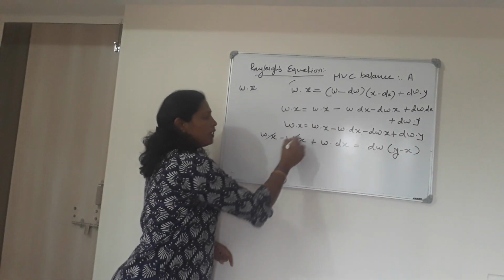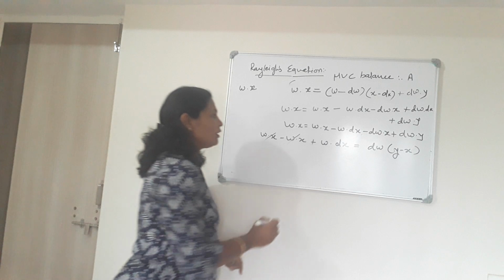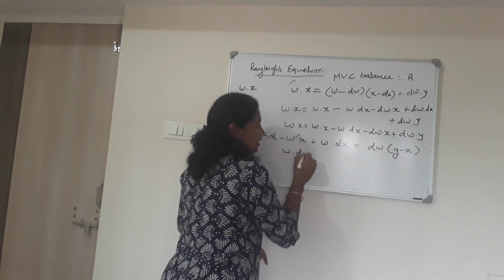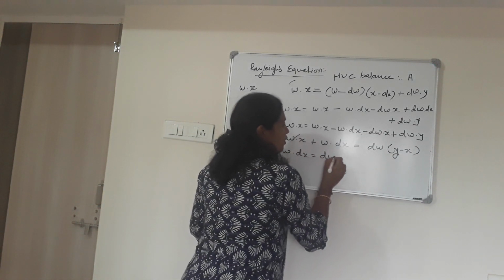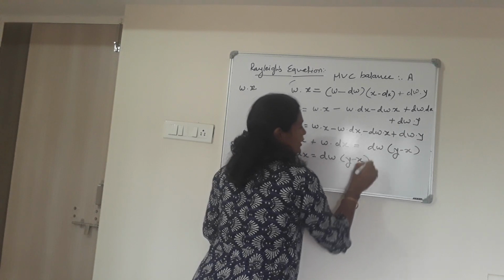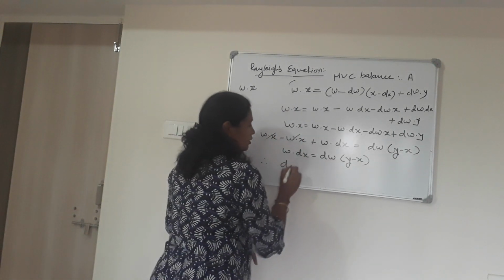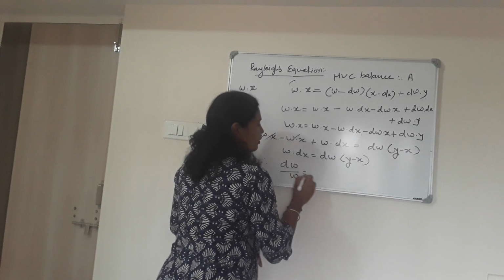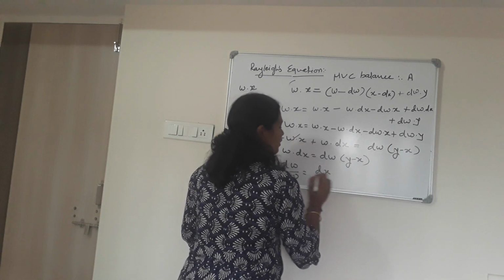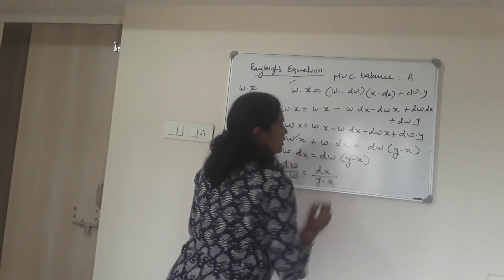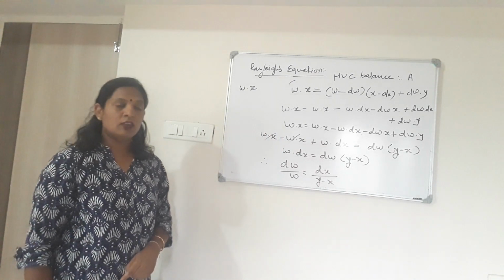Here this will cancel out. So what will be the final equation? W into dx is equal to dW into y minus x. Therefore, dW upon W is equal to dx upon y minus x.